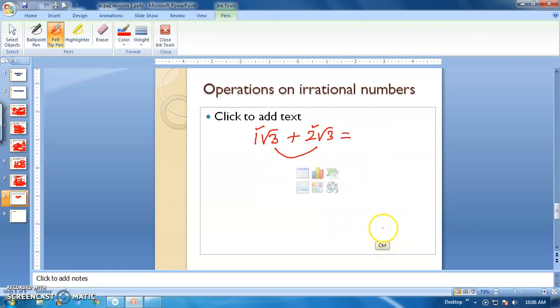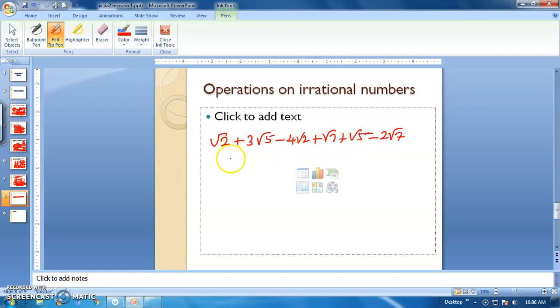And similarly, look at here: root 2 plus 3 root 5 minus 4 root 2 plus root of 7 plus root of 5 minus 2 root 7.